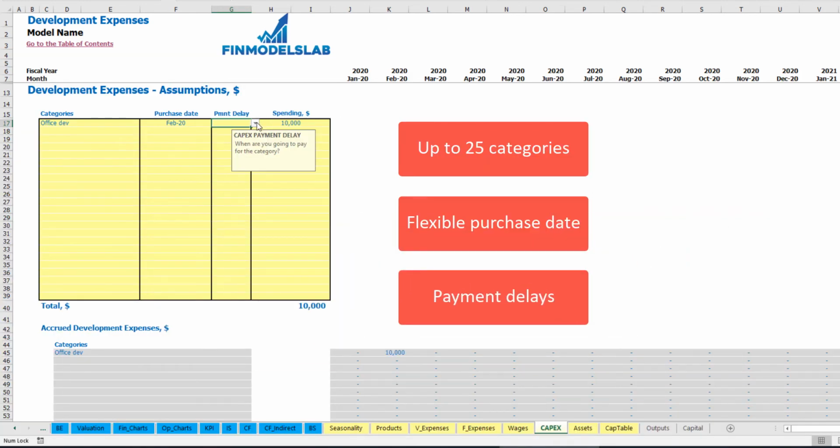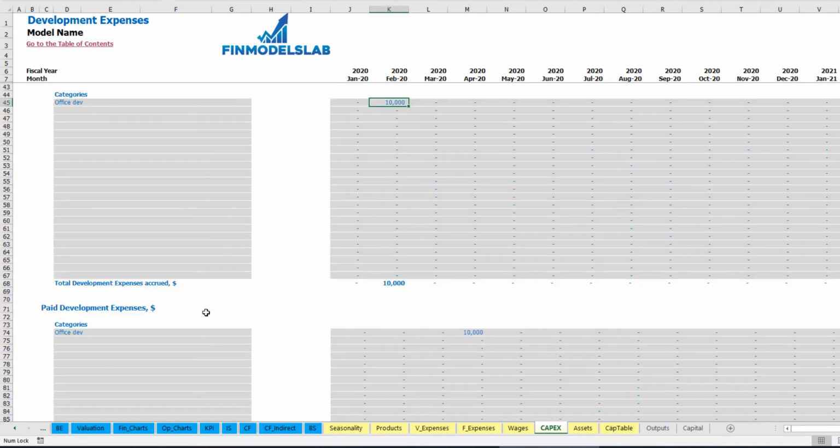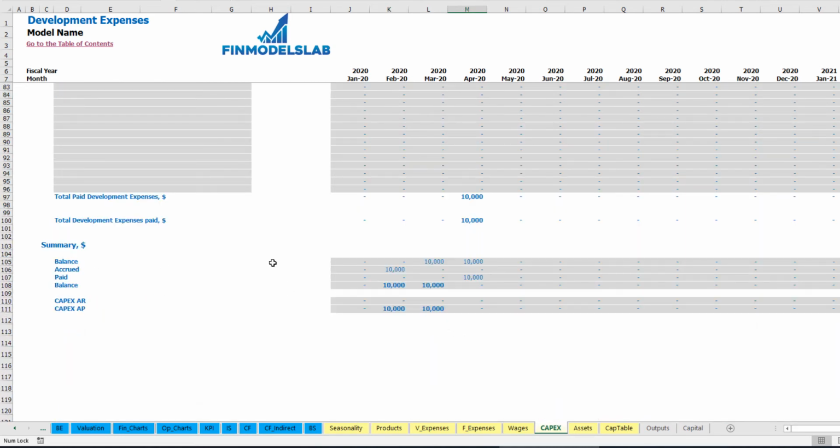What does it mean? Let me set up 2 months, for example. It means that this amount will be accrued in February, because the purchase date is February, but paid development expenses will be in April 20 for this office development. And you will have some balance of CAPEX accounts payable for 2 months.